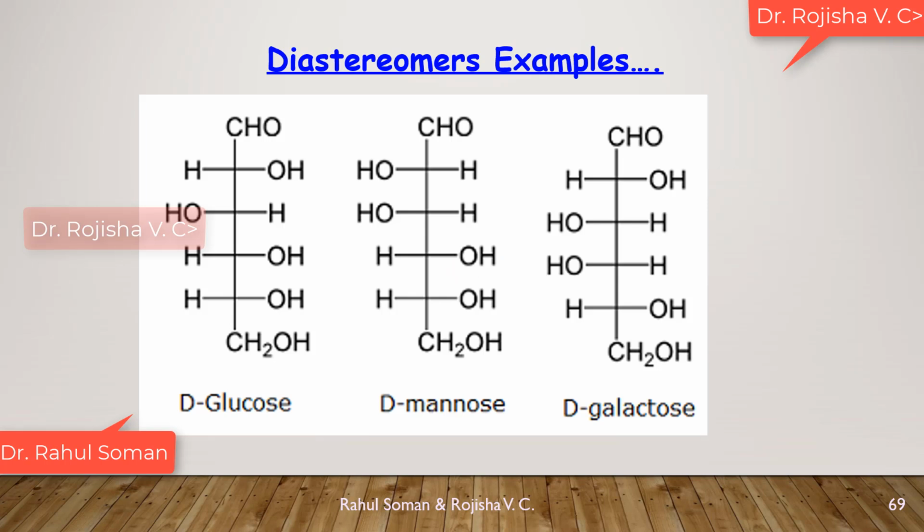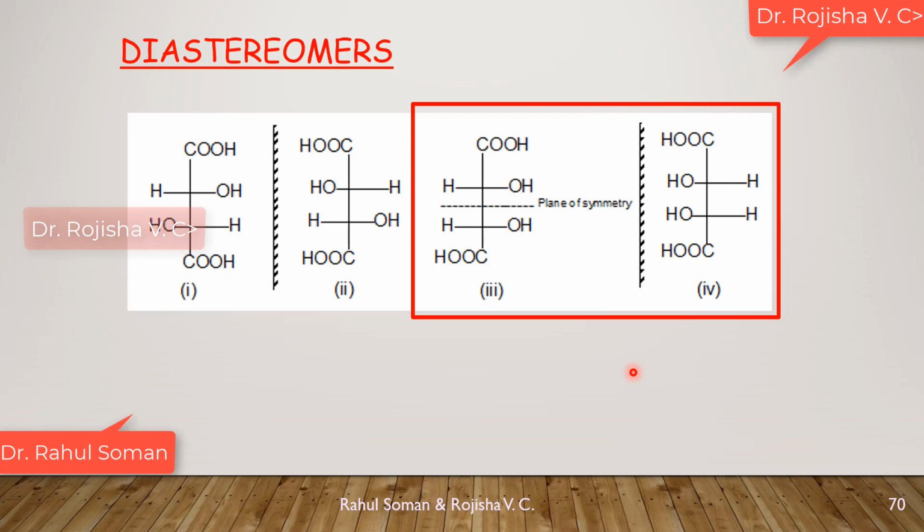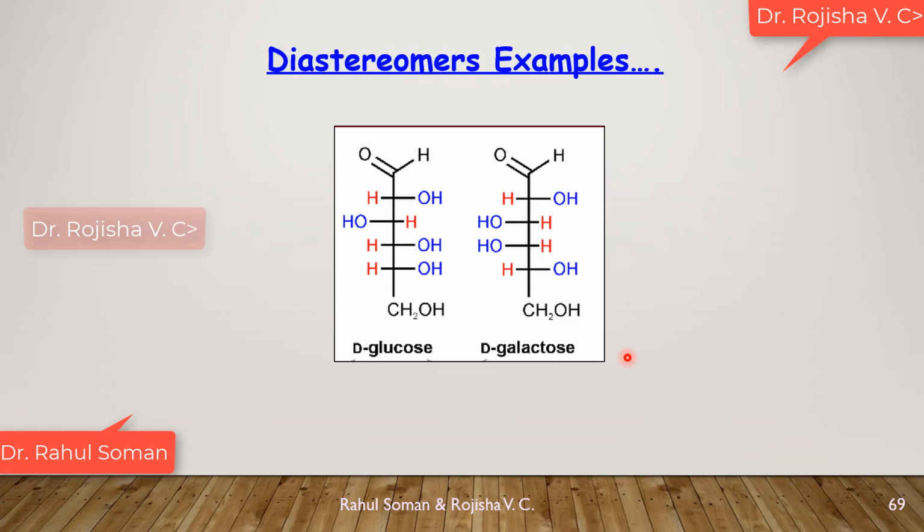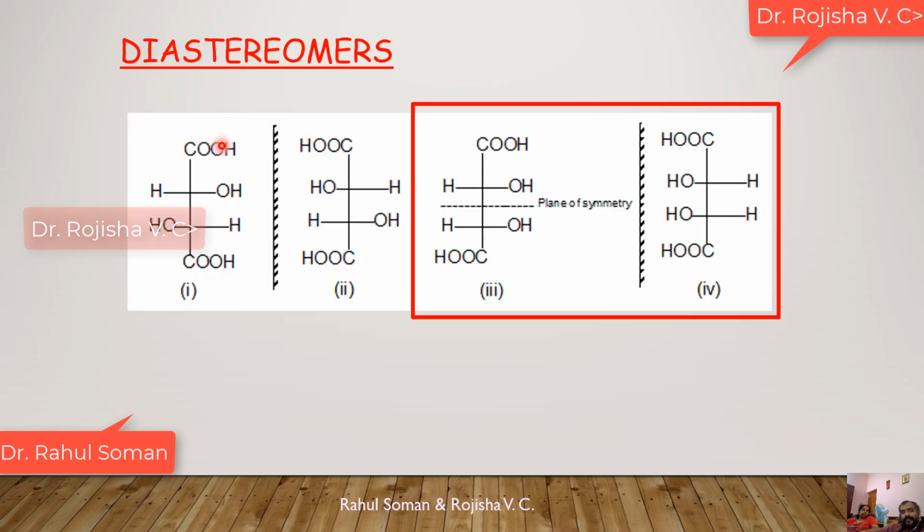They are not mirror images, but the structure is the same; just the orientation is different, and we can't get a mirror image relationship between these two structures. Yeah, let us come to the case of tartaric acid.